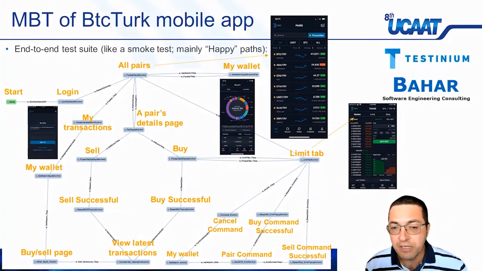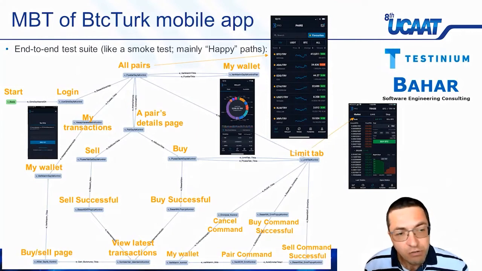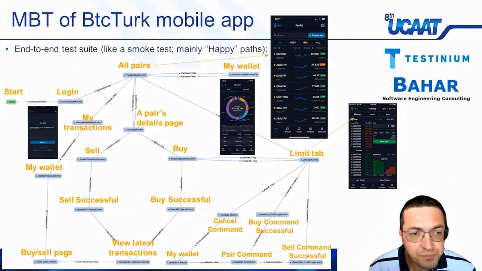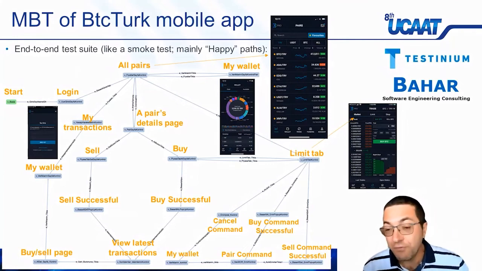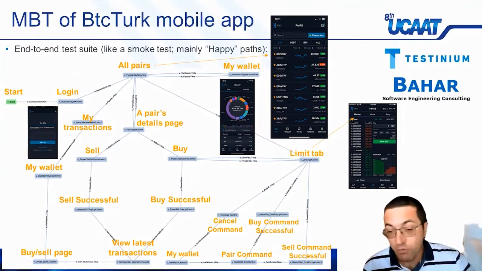For example, this is the term for start in Turkish. Start is the starting page, and you go to the login page. Once the login is successful, and we only look at successful login here because this is the smoke test or happy path, but in the full version we are testing all the combinations.